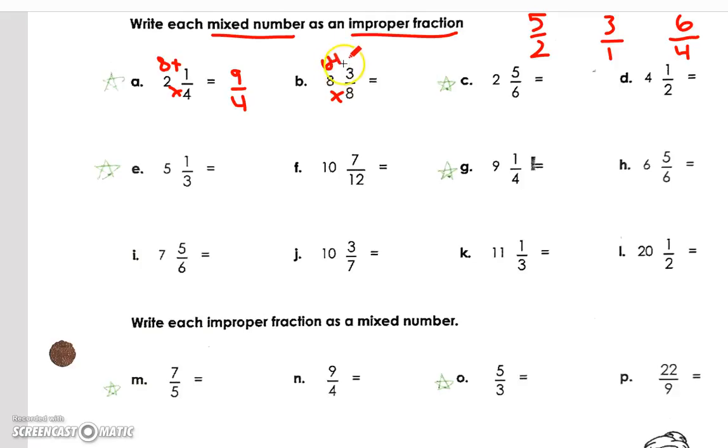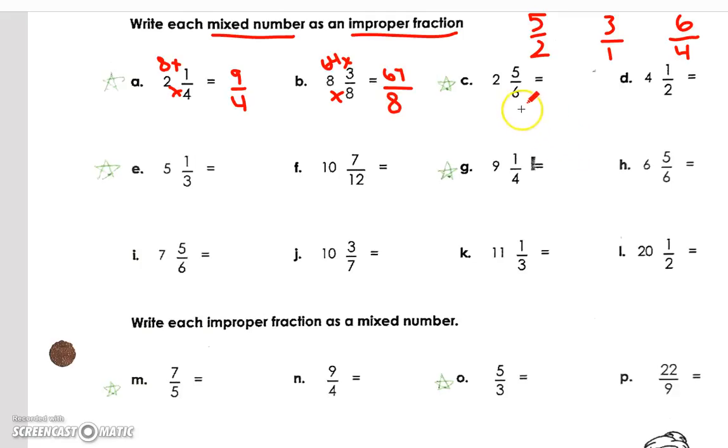Then I take that 64 and add the numerator, which is 3. 64 plus 3 is 67. And then I remember that my denominator, the bottom number of my fraction, always stays the same. So my answer is 67 over 8.